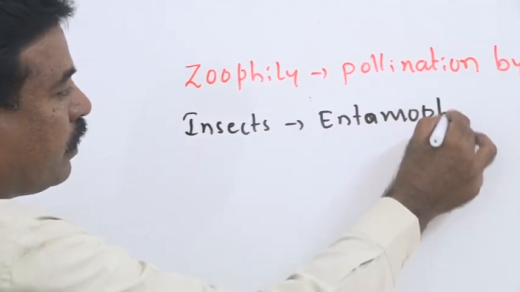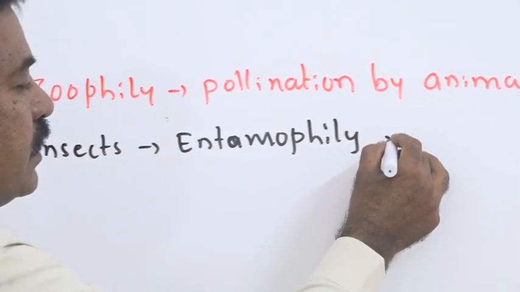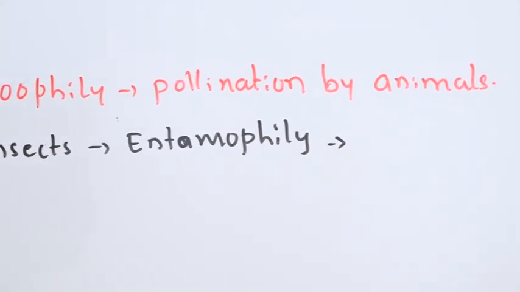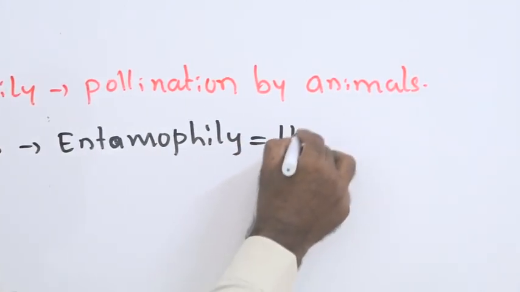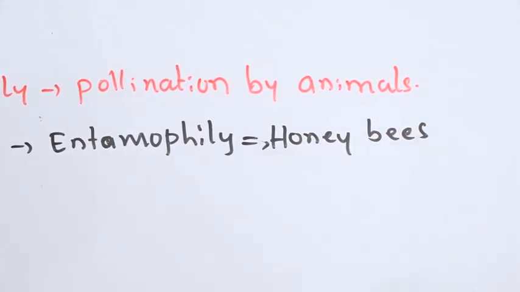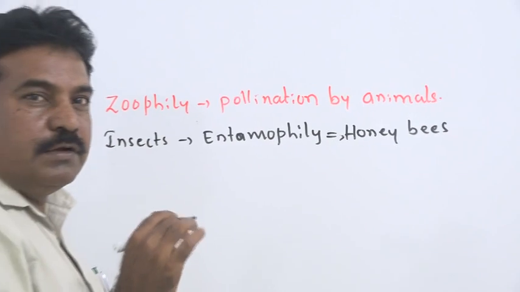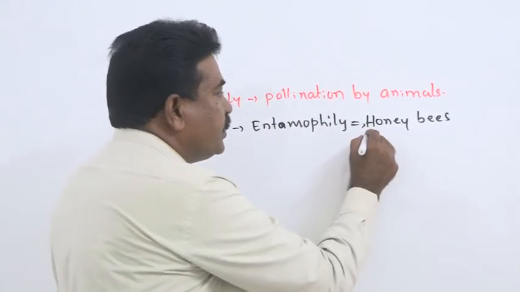If you consider the entomophilous insects, all insects will not carry what? Pollination. In that, the most predominant group is honeybees. In the world, they are the most dominant group of not only insects but animals, they show maximum pollination.